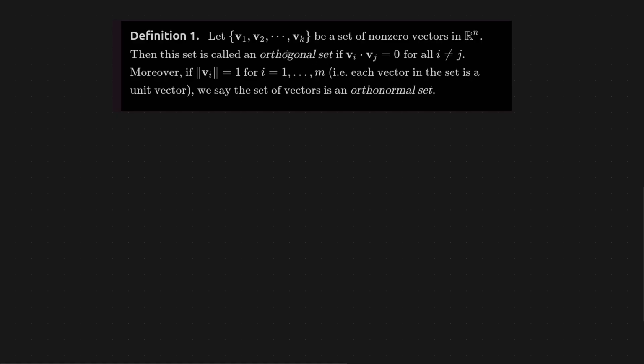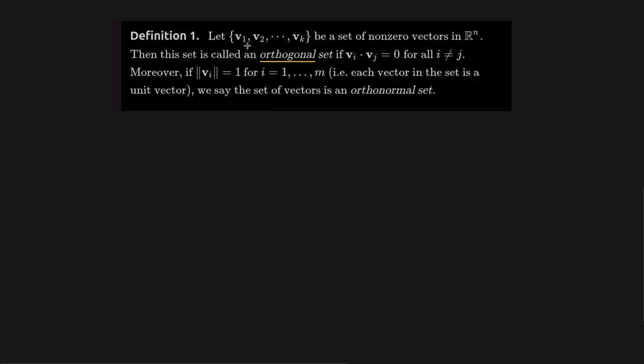We call this set an orthogonal set if the dot product between any two different vectors vi and vj is 0. We emphasize that i has to not be j, so we're not taking the dot product of a vector with itself. But for any two different vectors, their dot product would be 0.